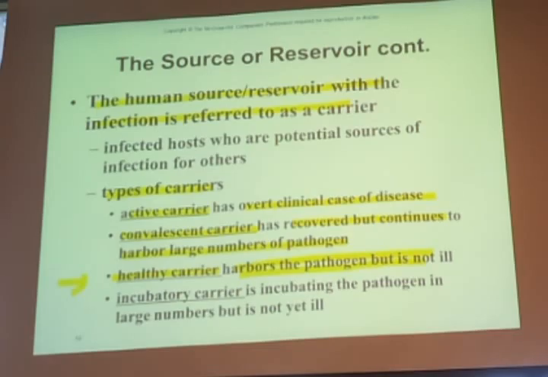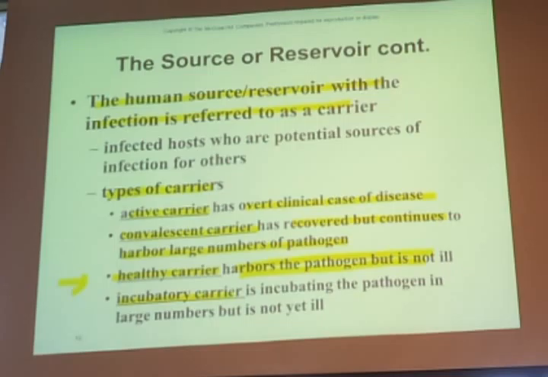Maybe they had been sick, maybe they recovered, and they just maintained a certain flora. They can look at fecal samples and find a certain percentage of people are carriers of salmonella. So people can get it that way. Other types of intestinal organisms too, for sure. So that's considered a healthy carrier.